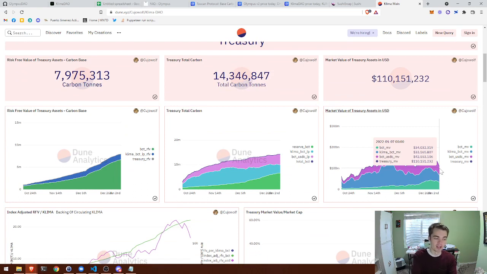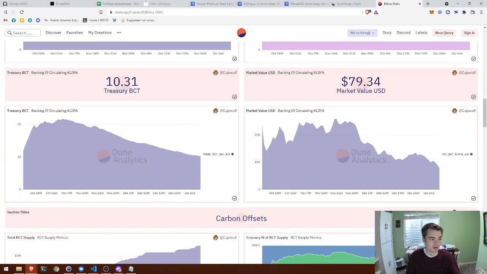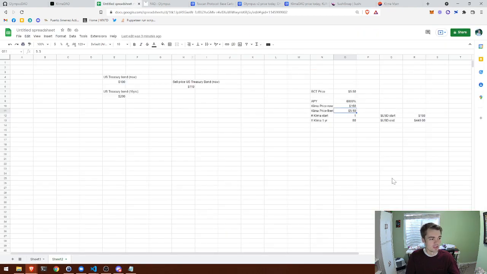Now on top of that, you have this other $80 million of KLIMA and BCT and stuff. And so in total, you have $100 million of treasury, which comes out to about $80 per KLIMA. That's wild, right? So if you think, oh, it's not $5.50, it's $80, we're getting back into crazy land.